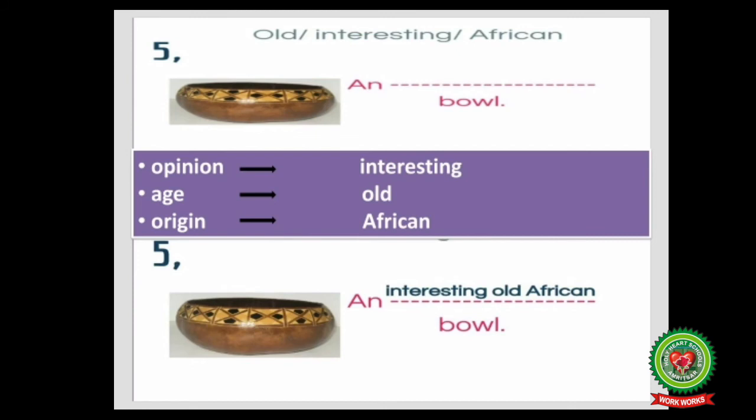Number 5, old, interesting, African. Now again, following the acronym, first comes the opinion, that is interesting, age, that is old, and origin, that is African. So our answer is an interesting old African bowl.